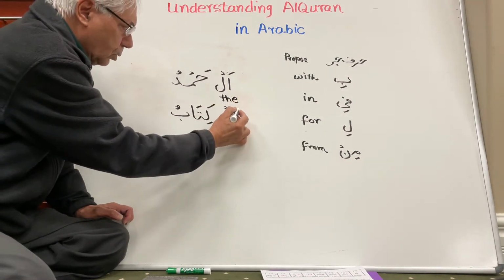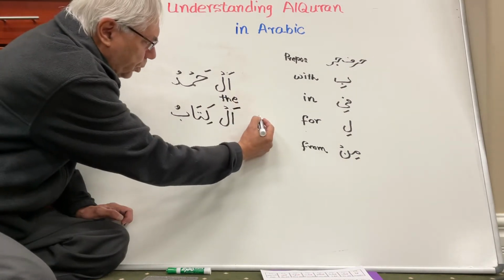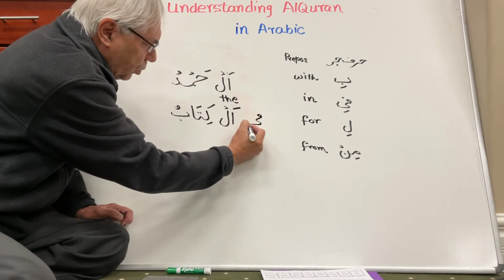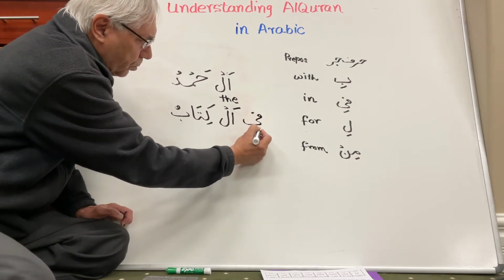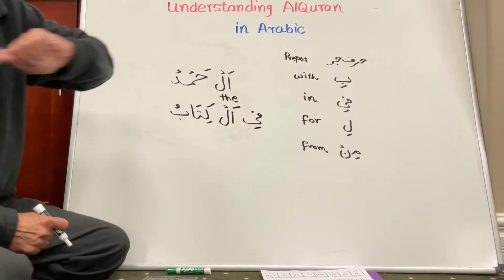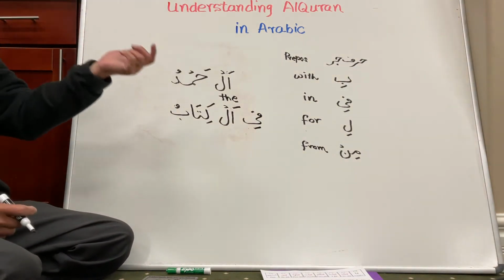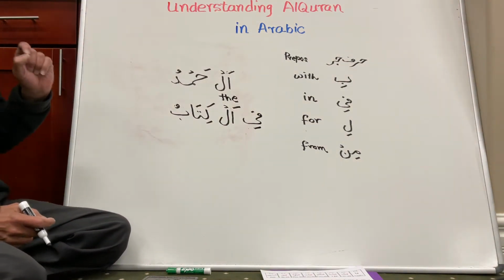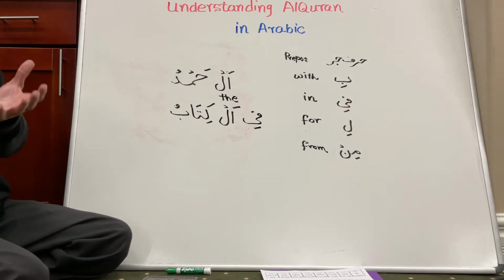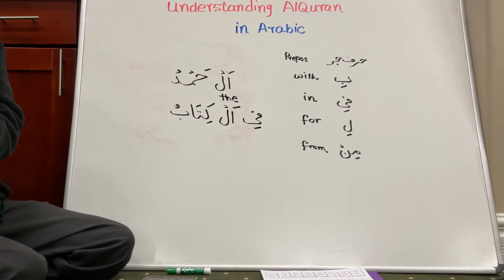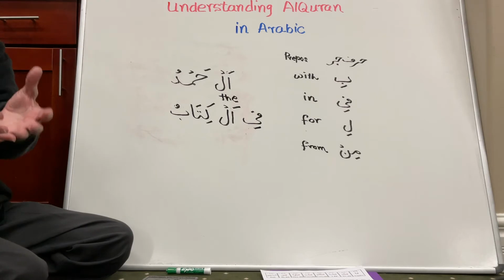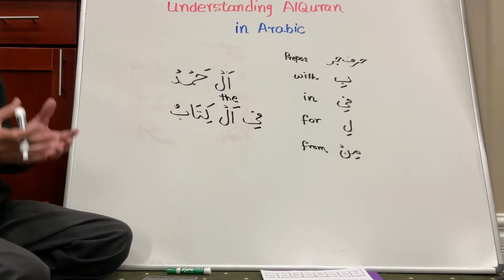Now what I want to do, I want to put a fi before that. Fi is a harf jar. Harf jar here means in. So what I'm saying is there is something in the book. Fi al-kitabu, in the book.